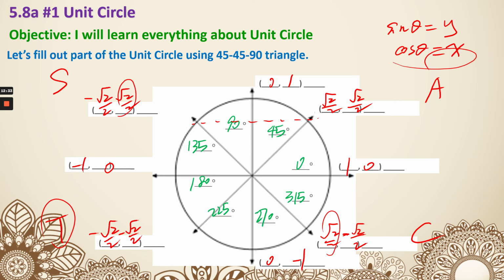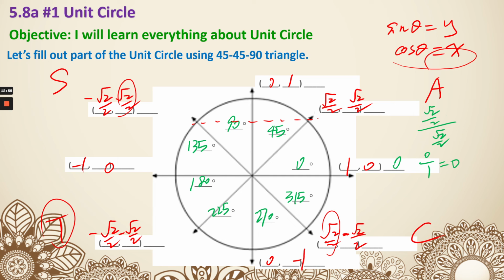Lastly, you may be wondering, what are these little bars next to the coordinates? They are actually to help us find the tangent. First one, 0 over 1 is basically just 0, so that's the tangent. Next, square root of 2 over 2 over square root of 2 over 2.